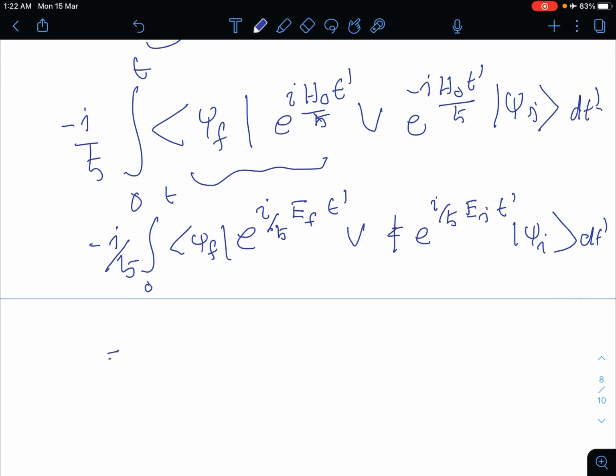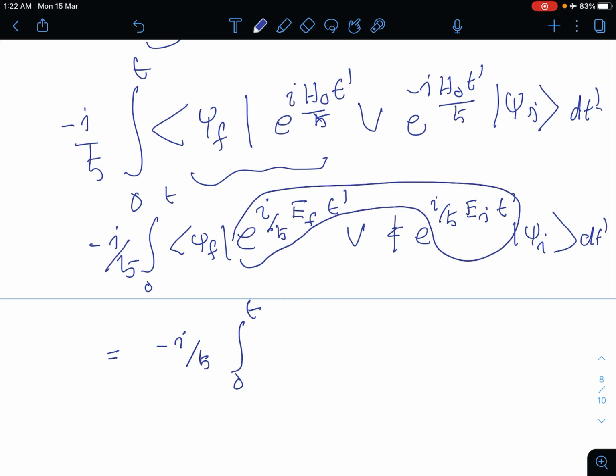Now this is equal to simply minus i by h cross integral 0 to t. Let us club these together.